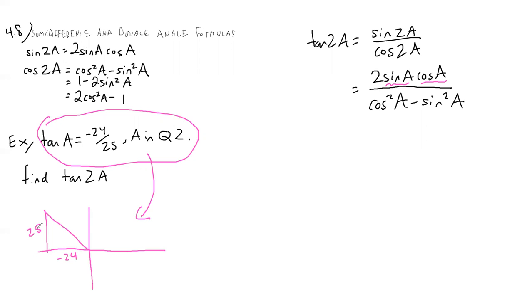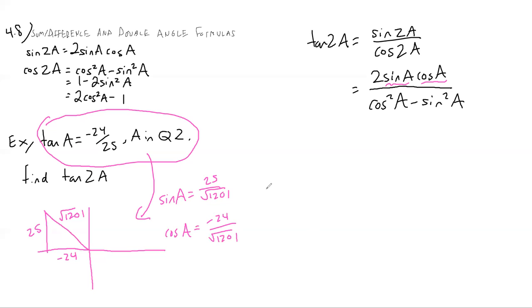And so the hypotenuse is going to be the square root of 25 squared plus 24 squared, root 1201. Ugh. Which, as far as I know, isn't going to simplify at all. But that should be enough to get my sine a and my cos a. So sine a is 25 over root 1201. And cos a is negative 24 over root 1201.